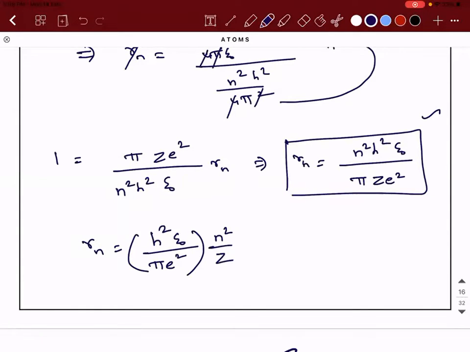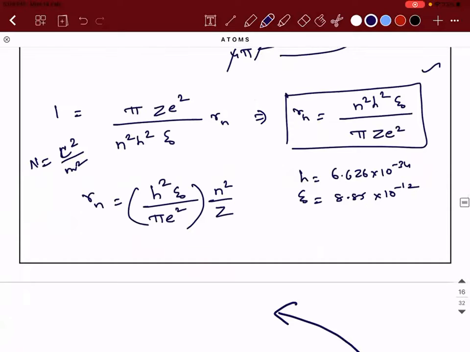Now observe guys, we know that h is equal to 6.626 into 10 power minus 34 joule second. We know that epsilon naught is 8.85 into 10 power minus 12 coulomb square per newton meter square. So 1 by 4 pi epsilon naught gives newton meter square per coulomb square.